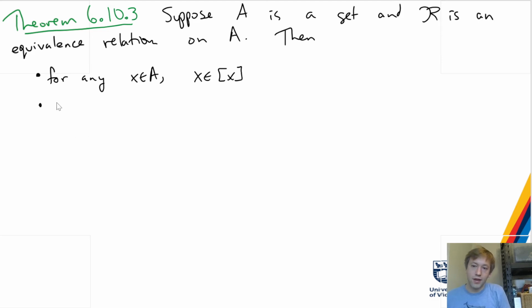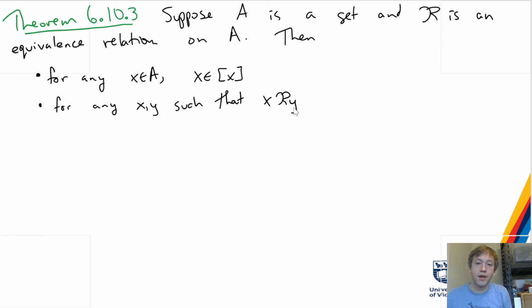Secondly, for any x and y such that x is related to y, we get that the equivalence class of x is equal to the equivalence class of y.